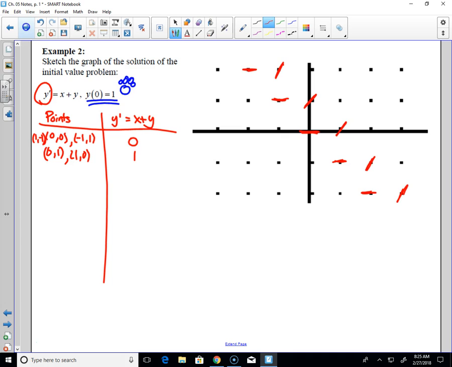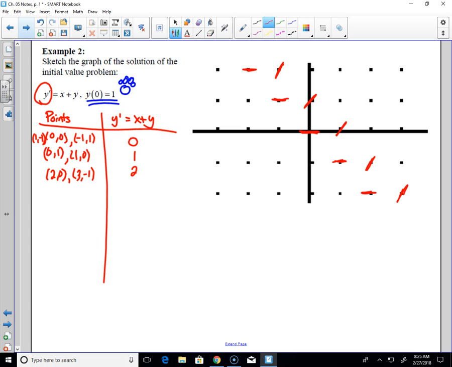Question, do you see how there's a pattern? Oh! Hey! So, question, what would the slope be at 2, 0? Well, 2 plus 0 is 2. But wouldn't 3, negative 1 also be 2? Wouldn't negative 1, 3?